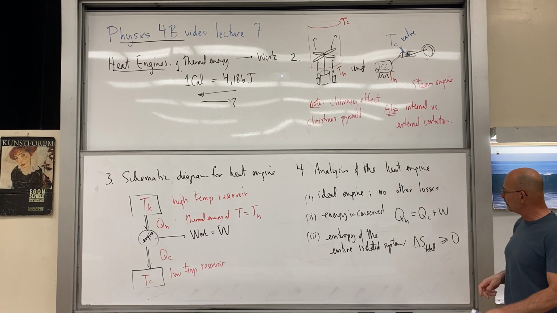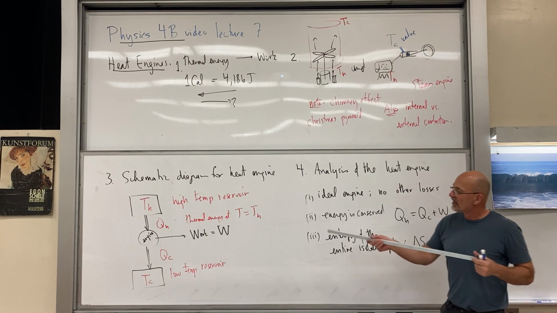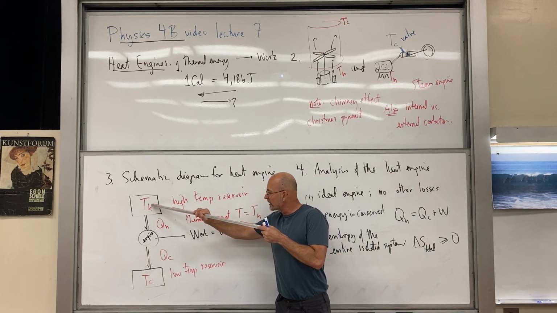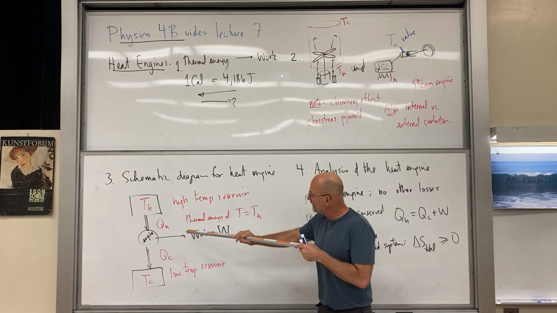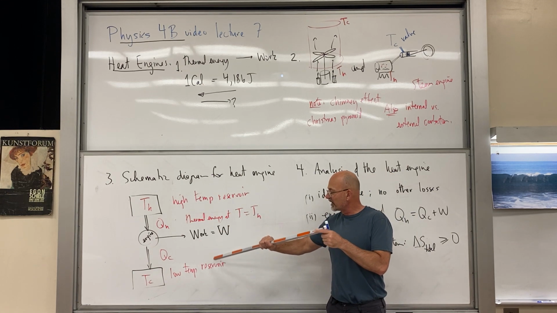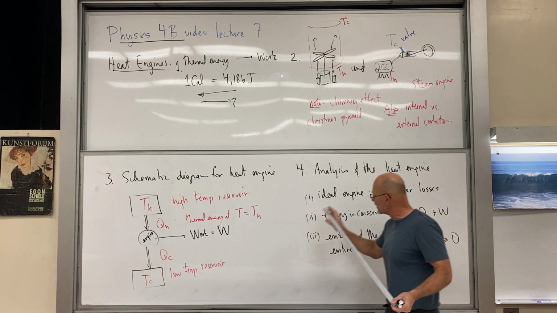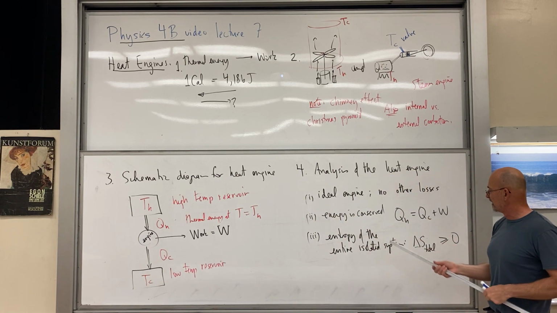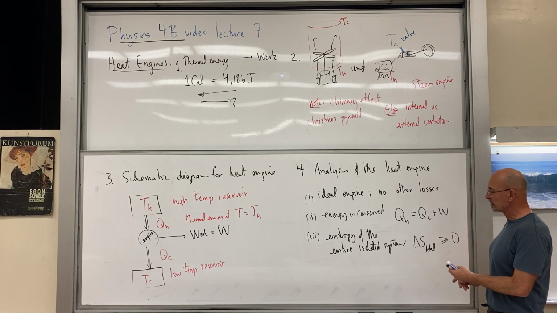And remember, that is consistent with energy flowing from the higher to the lower temperature, as we have right here. Whatever this output is in terms of work, there's no friction involved, there's no thermal energy involved with that W. That was one of our idealizations. So that's what we have. Entropy of the entire isolated system is greater than or equal to 0.